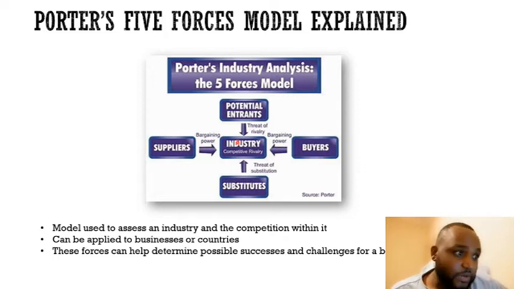The first one that I want us to go through is this part here that is called potential entrance. And if you look at this, when you go down into that particular industry, you see something that is called threat of rivalry. So potential entrance pretty much refers to who might get into this industry that can then disrupt me.